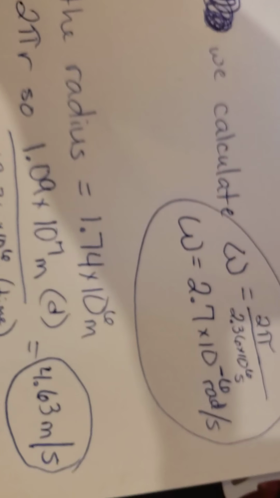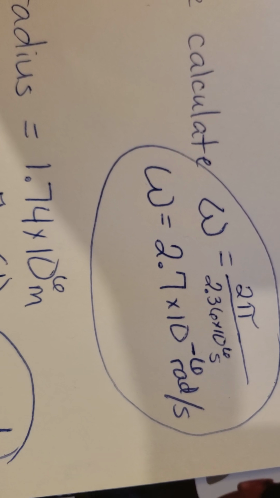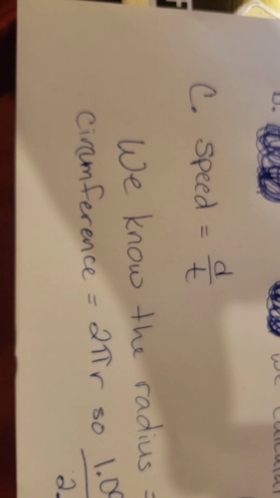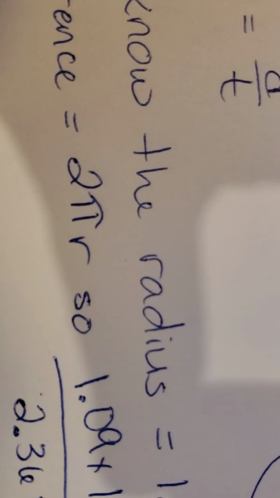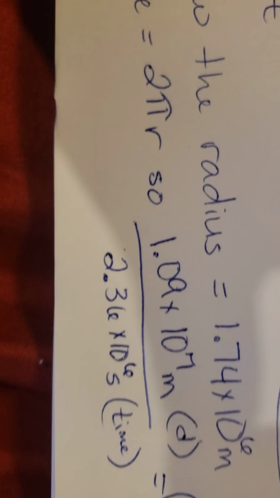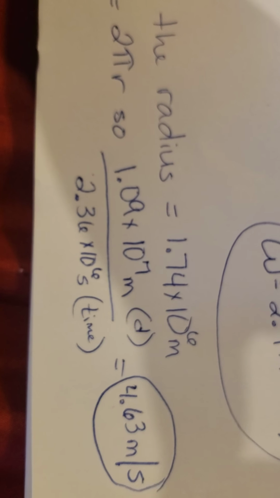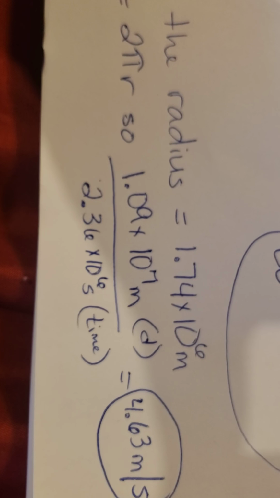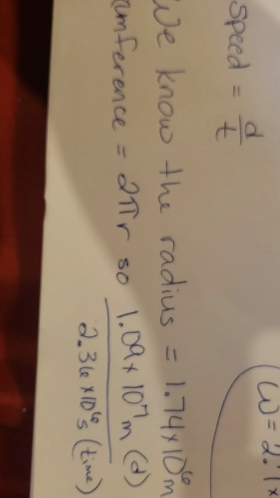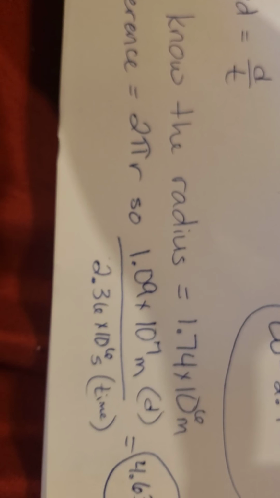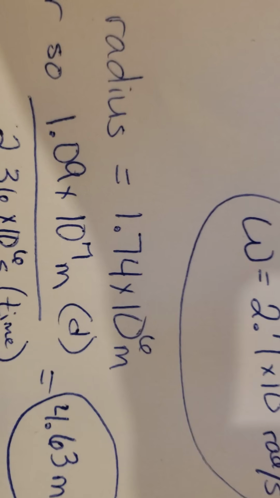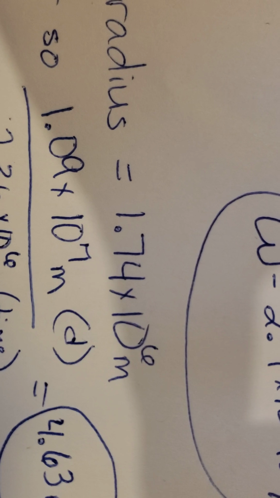Well, we know that radius is the 1.74 times 10 to the 6th. And to solve for circumference, we use 2 pi r. I did 2 pi times the radius, and that gave me 1.09 times 10 to the 7th meters.